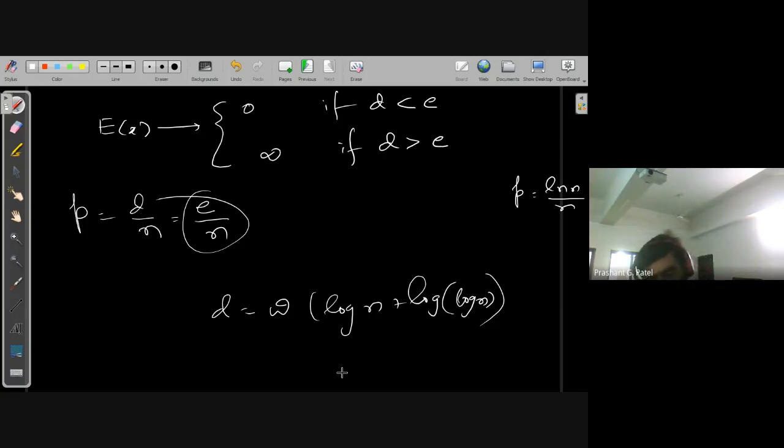But for d asymptotically greater than this value, that is 1 by n of this d, then the G(n,p) graph model has a Hamiltonian cycle with probability 1. And this is the same threshold for disappearance of degree one vertices. And clearly a graph with a degree one vertex cannot have a Hamiltonian cycle.